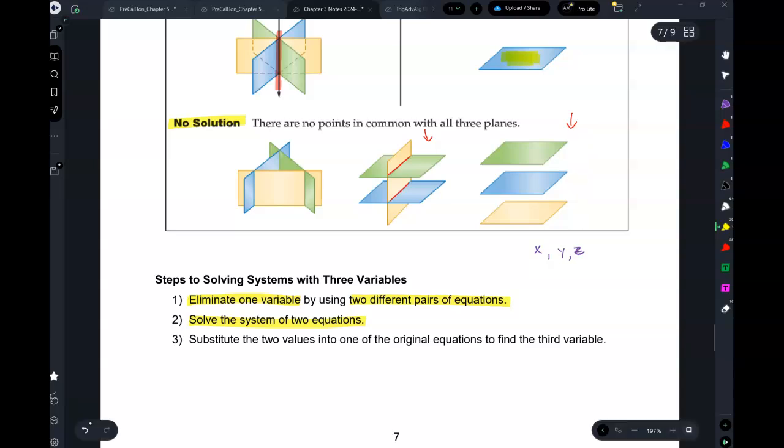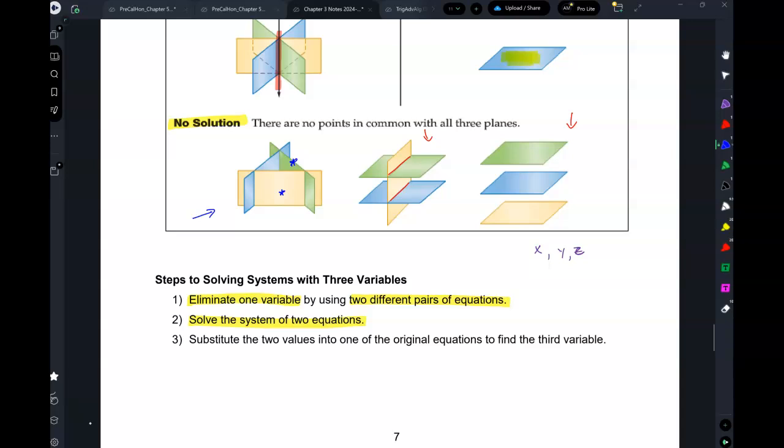But suppose you have a situation like these other 2, where in the first case, if you happen to choose the equation for the yellow one and the green one, there will be a solution there, because those 2 intersect. So for the first one, you may have to go several steps before you realize it's no solution.